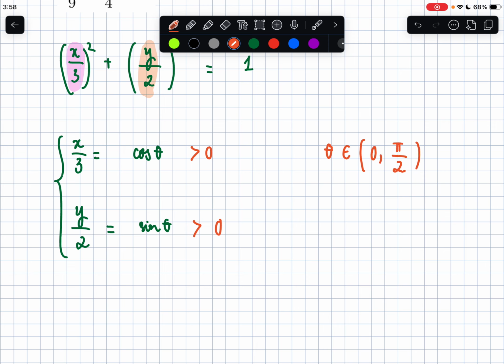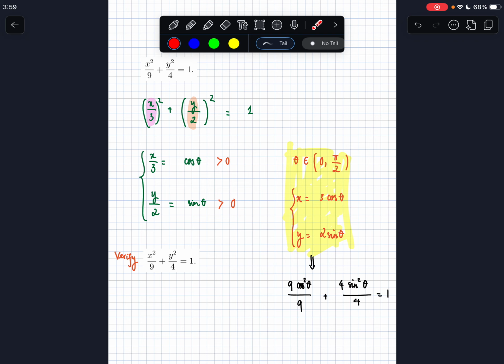So x equals 3 times cosine theta, y equals 2 times sine theta. So this is our new variable. So we have one variable. Instead of x, y, I rewrite all that with theta. So now we have theta equal to this, x and y equal to this.